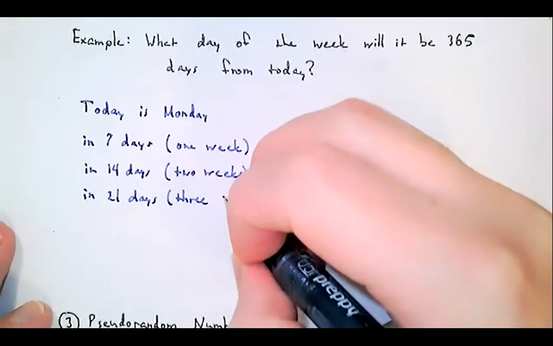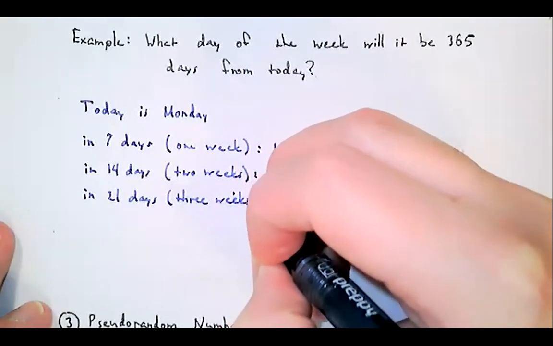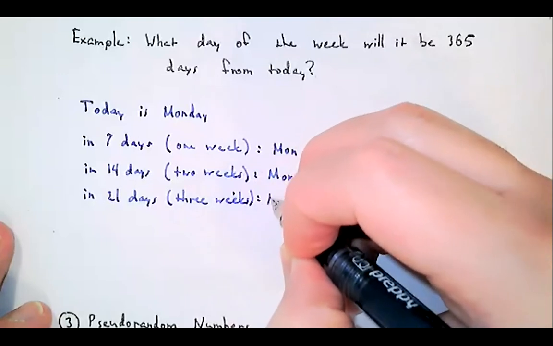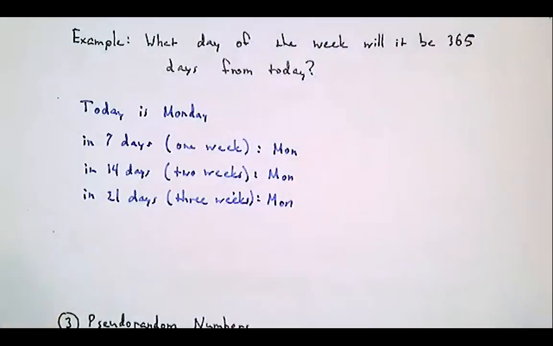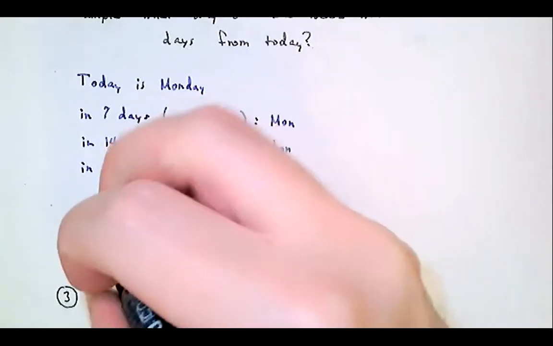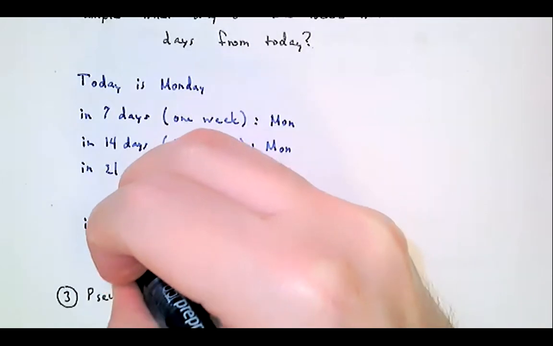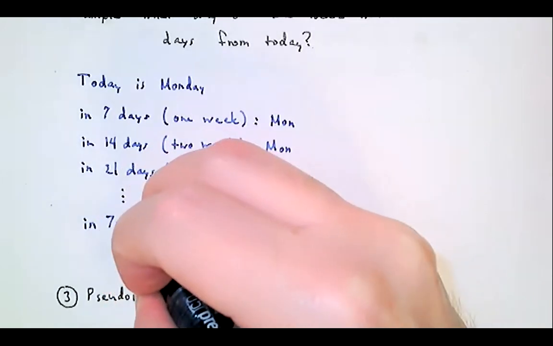So if we go forward some multiple of 7, so a whole number of weeks into the future, then we're going to be on the same day as today. We're going to still be on a Monday. So let me write it this way. 7 times in days.